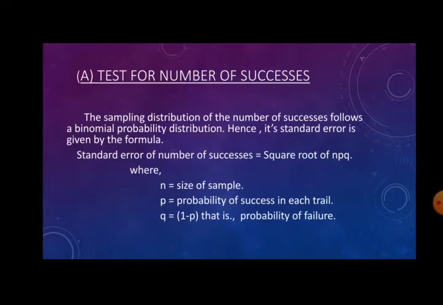Let's move on to the first one, test for number of successes. The sampling distribution of the number of successes follows a binomial probability distribution.